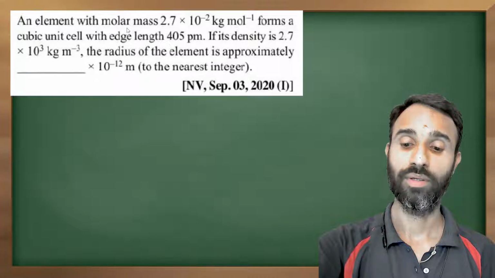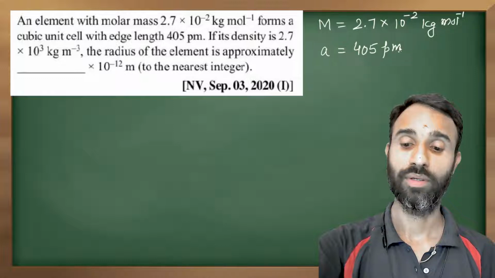Okay. An element with molar mass 2.7 into 10 raised to minus 2 kilogram per mole forms a cubic unit cell with edge length 405 picometer.